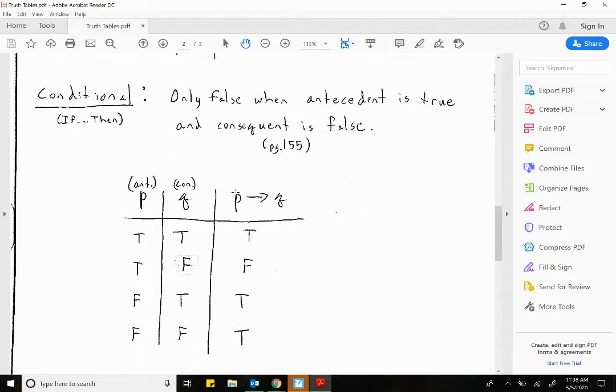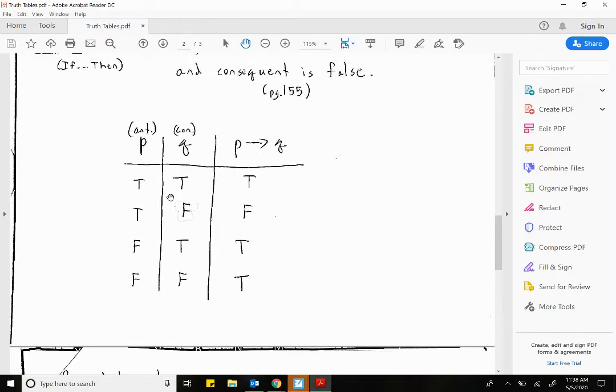Remember, the statement before the arrow is the antecedent. The statement after the arrow is the consequent. So that's super important. Before the arrow is the antecedent. After the arrow is the consequent.